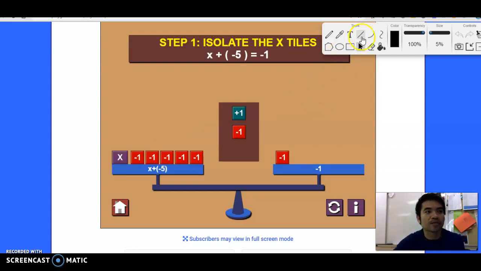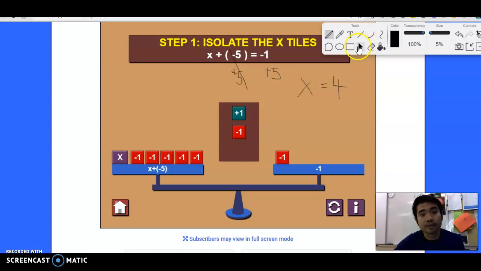So you're going to ask yourself, Mr. Manoog, the opposite of negative is positive. So to get rid of negative 5, we need to add 5, right? And whatever we do on the left, we have to do to the right. This one goes away. So x equals negative 1 plus 5, if you remember your integers, should be 4.